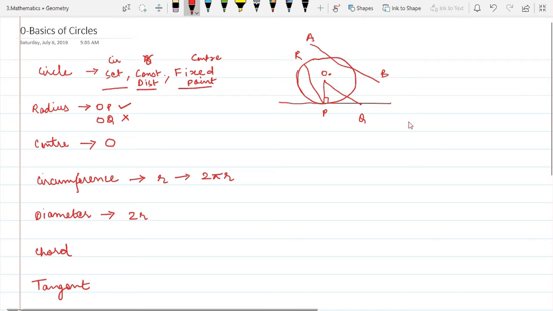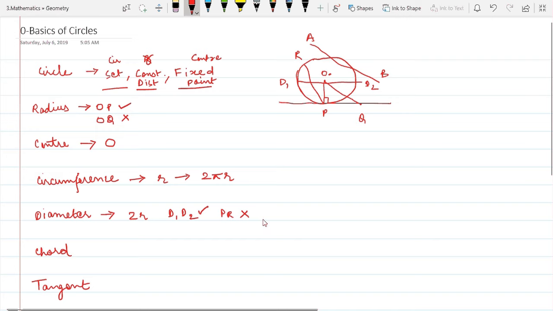If I have to draw a diameter of this circle, I will just extend a line and I will say this is my d1 to d2 is my diameter of the circle. Okay, d1 to d2 is the diameter of the circle, and remember PR is not the diameter of the circle.